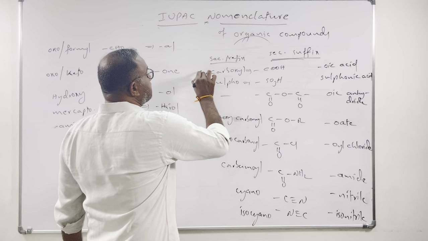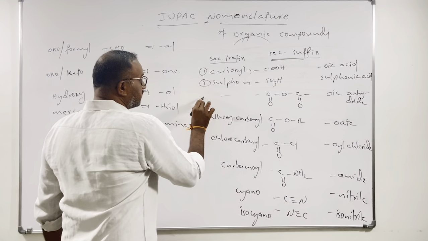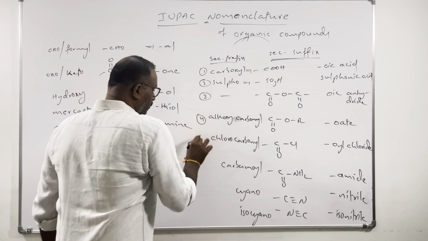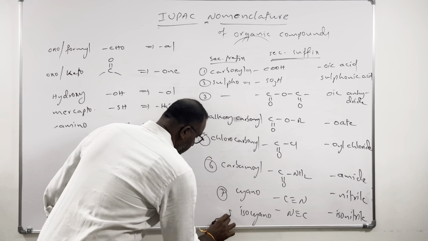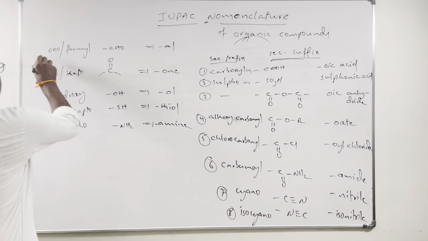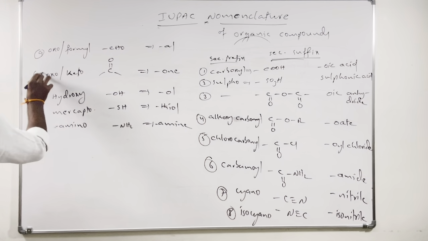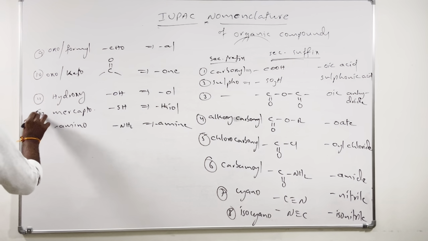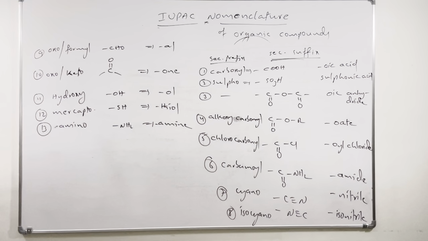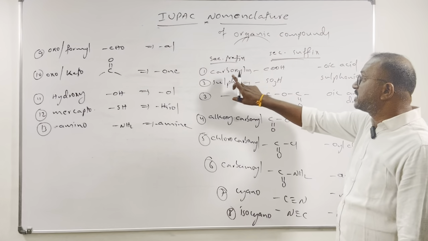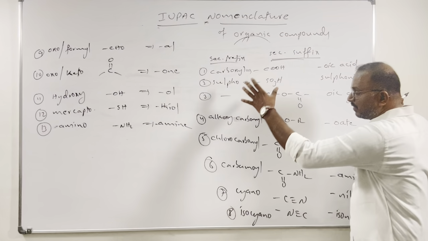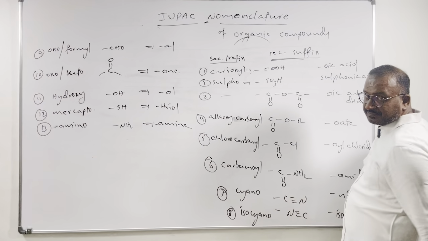Highest priority is this, then second highest, third highest, fourth, fifth, sixth, seventh, eighth, ninth, 10th, 11th, 12th, 13th. So 13 functional groups are there. In that, highest priority is for this, and below that the priority order is decreasing.